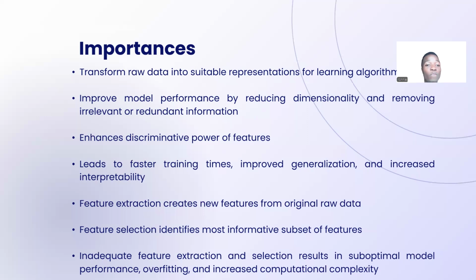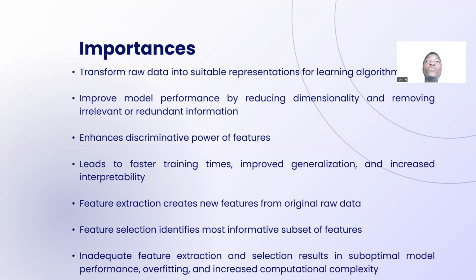Giving an example via our project, it leads to faster training times, improving generalization and increased interpretability. Feature extraction, now this one leads to faster training times, improving generalization and interpretability.